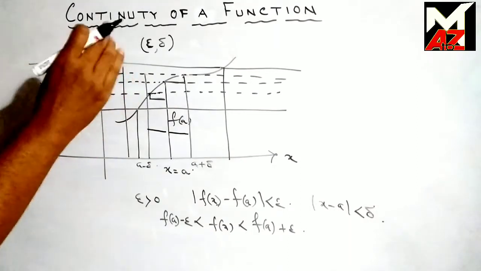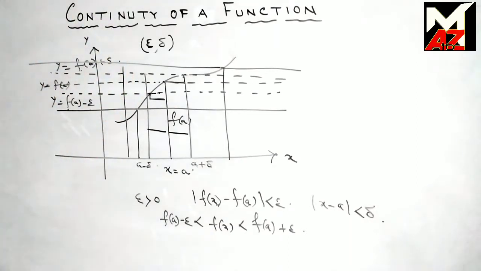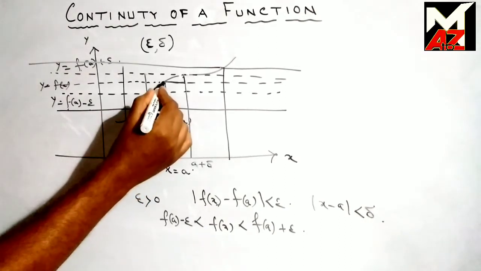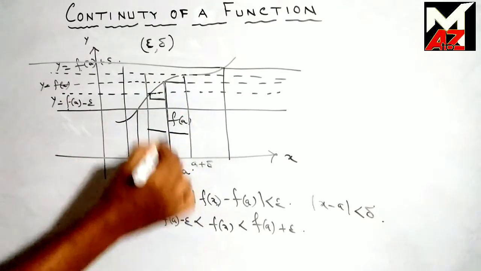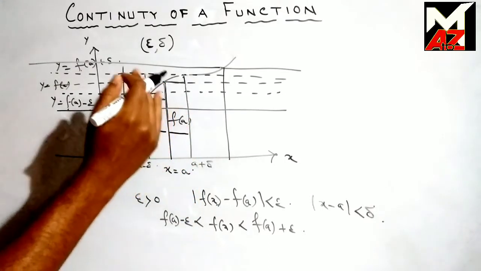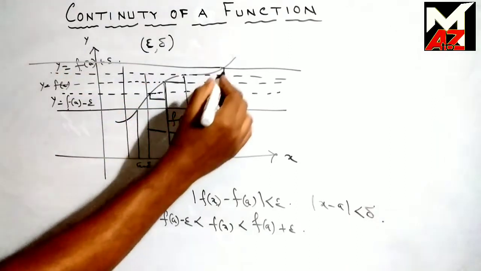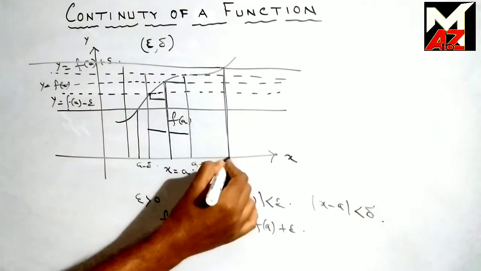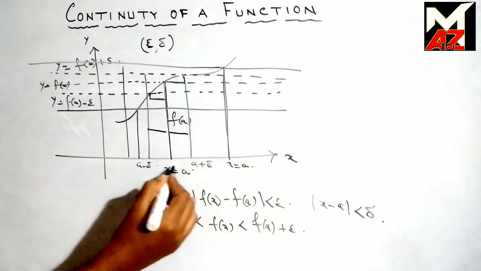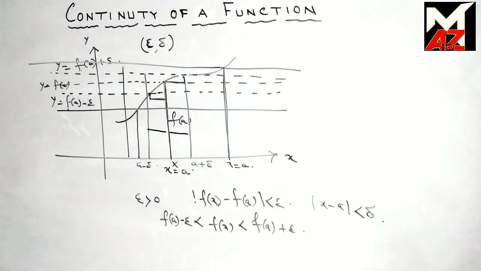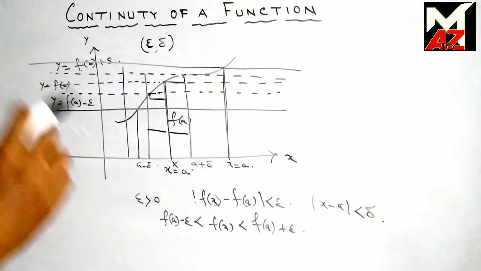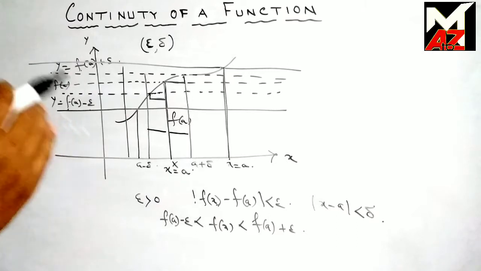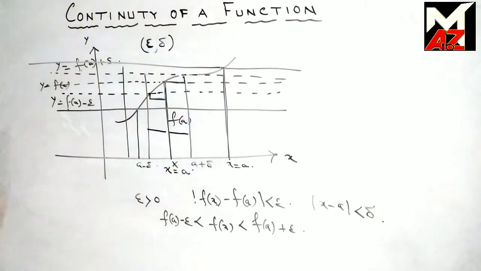Also, if we take x equal to a here, not this one, then we get a different value of delta for the same value of epsilon, because the structure of the curve here is of a different type.